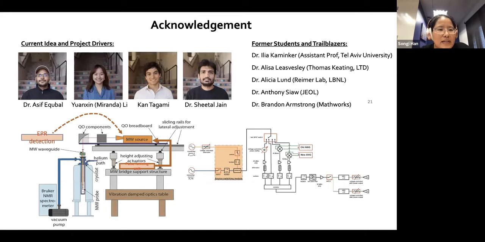The current idea drivers are Dr. Asif Equbal, who did most of the computational work that I've shown, Miranda Lee and Kan Tagami, who are really wizards of experiment, Dr. Sheetal Jain, who is a project and idea driver for actually another kind of DNP where he is really focusing on the local hyperfine DNP, and former students and trailblazers, Dr. Ilya Kaminker, who really set this whole setup up initially, Alisa Leafsley, Alicia Lund, Tingan played a very important role. And initially, Brandon was brave enough to start the very first version. So with that, thank you for your attention.